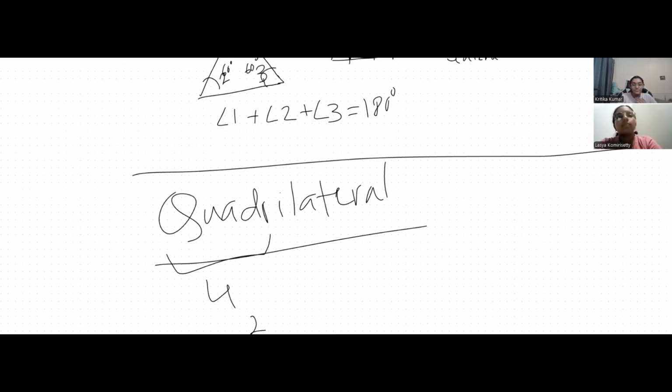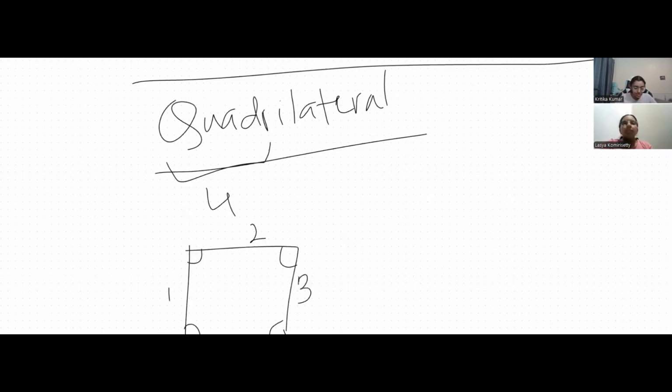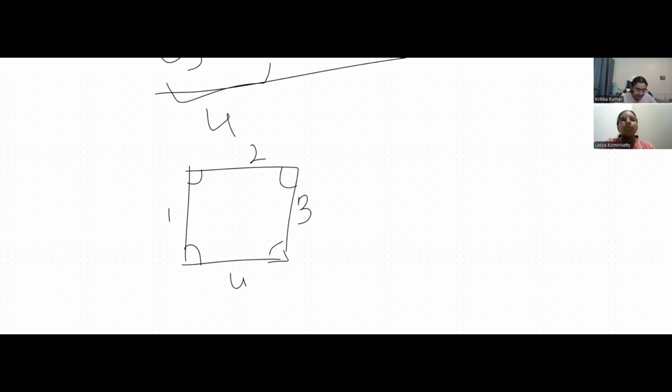And just so you know, let's call this angle A, angle B, angle C, and angle D. Okay? So the rule about quadrilaterals is angle A plus angle B plus angle C plus angle D is going to equal 360 degrees.